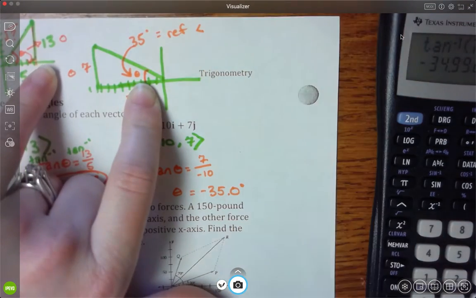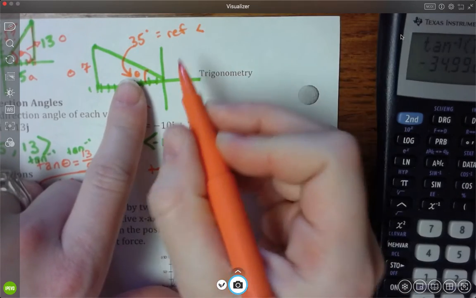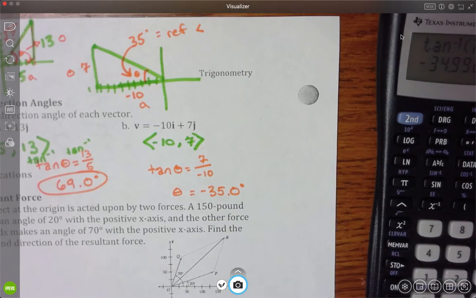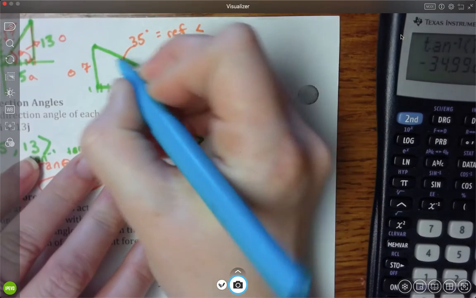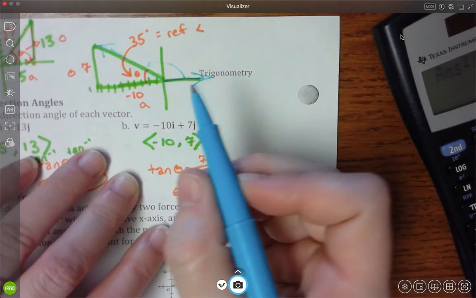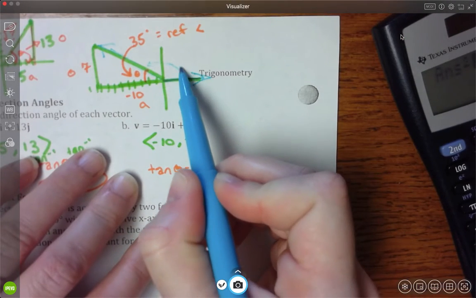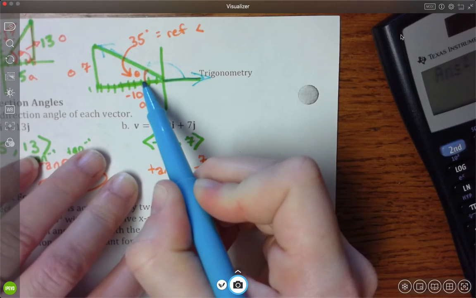Okay, so if I have a reference angle of 35 degrees, I want to know from standard position. So I'm going to use my other color here. From here all the way over to here, what would that angle be? How far would that angle be? Okay, so remember, from here all the way to the other side would be 180. 35 degrees would be this guy. I'm trying to figure out what this one is.